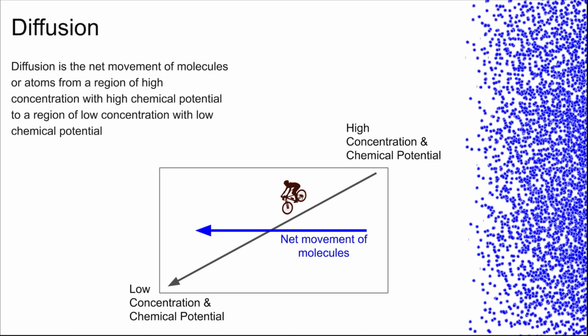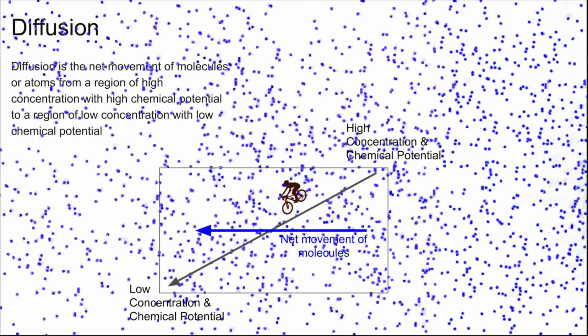According to this graph, they should move from an area of high concentration to an area of low concentration. Those gas molecules on the far right of this slide are in an area of high concentration. So, if they were released into the environment, they should spread out, eventually settling into a state of lowest chemical potential. We call this diffusion.